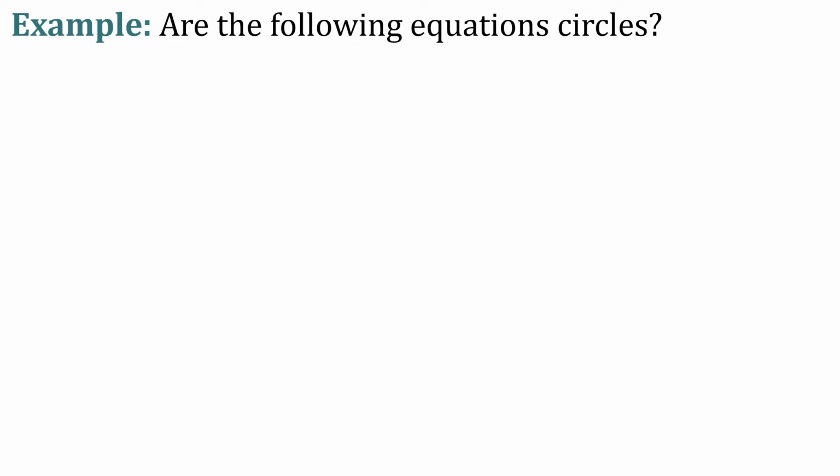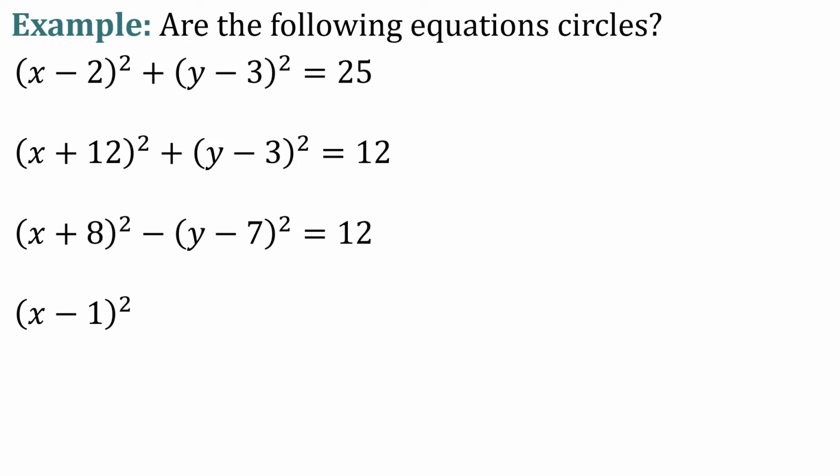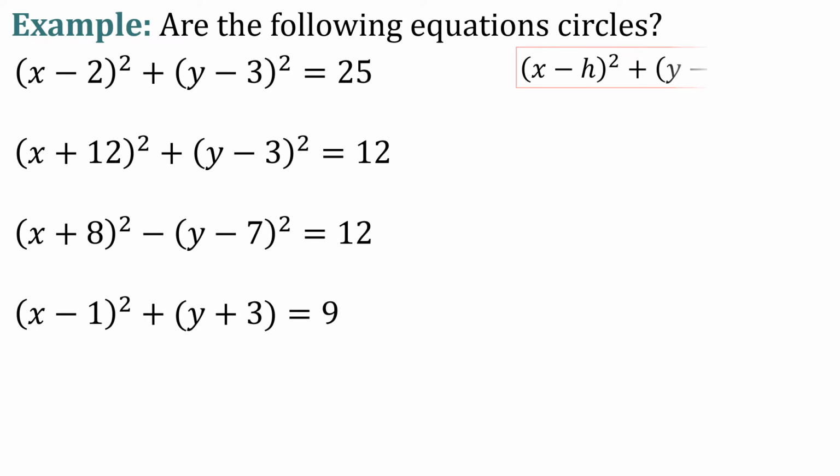So now we're going to start looking at different equations and determining if they are circles or not. On this slide, we have four different equations, and we have to determine whether they meet all the stipulations. The first thing I'm looking for: do we have two squared terms? Yes. Do x and y have the same sign?